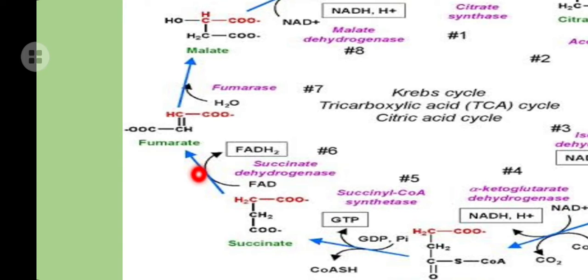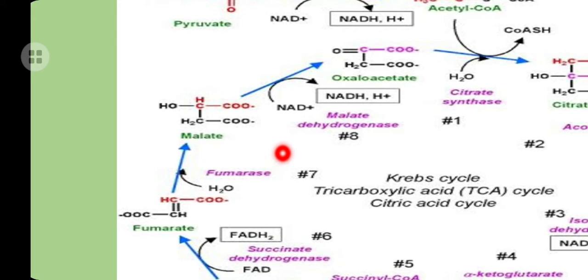The next step is conversion of succinate into fumarate in the presence of the enzyme succinate dehydrogenase. During this process, the hydrogen acceptor is changed. This time hydrogen is accepted by FAD and converts into FADH2, which provides only 2 molecules of ATP by transferring through the electron transport chain.